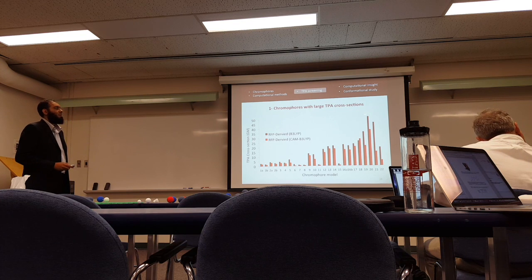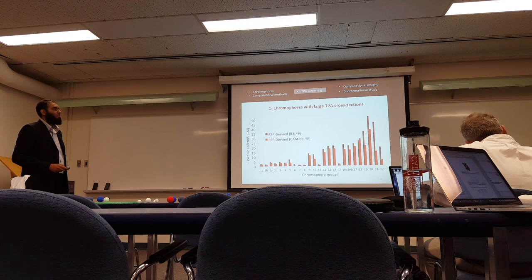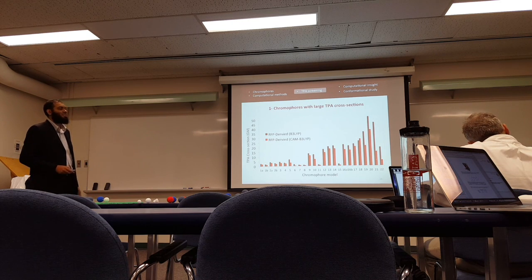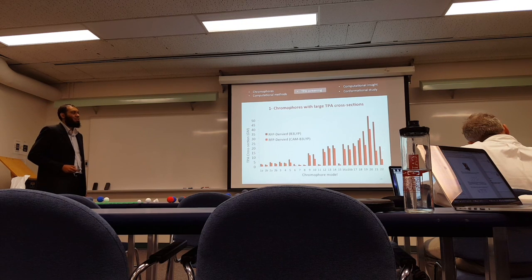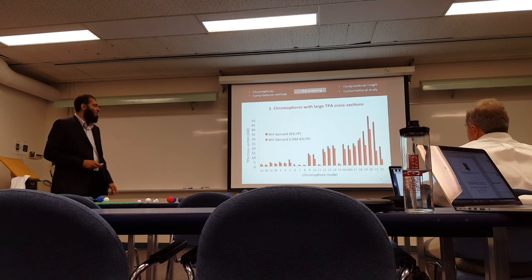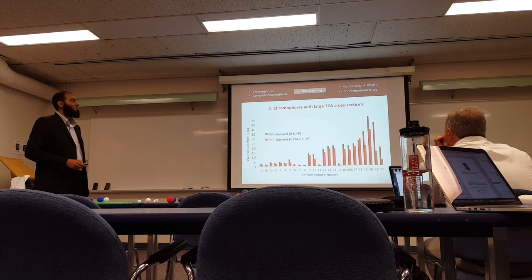And here I'm putting the red fluorescent protein derived data with B3LYP and with CAM-B3LYP. And again, we're having a sort of similar trend. But we're seeing here that the winners are a little bit different. So this was the one with the nitro in the GFP-like chromophores. And we see that number 20 and number 21 have the strongest two-photon absorption cross-section.